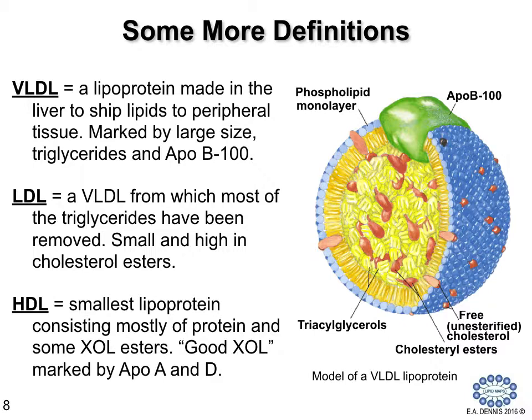The next smaller lipoprotein is LDL, or low-density lipoprotein, which is derived from VLDL after most of the triglycerides have been removed as it passes through the circulation. The smallest of the lipoproteins is high-density lipoprotein, or HDL, which consists mostly of protein and some cholesterol esters. It's known as the so-called good lipoprotein, and it's marked by apoproteins A and D.